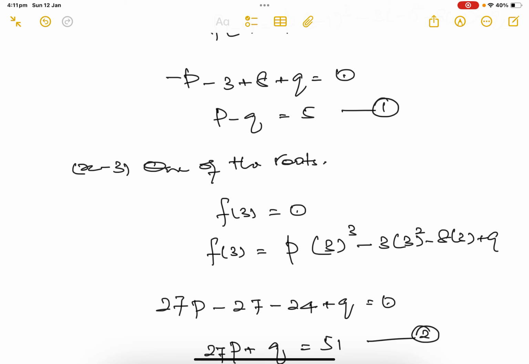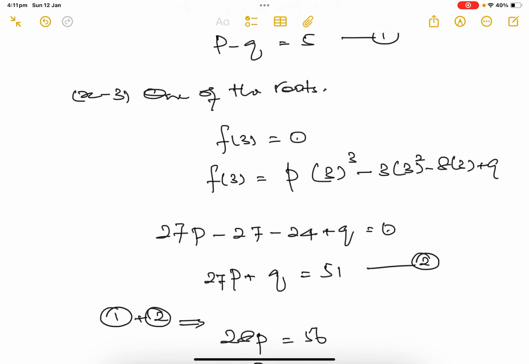Let's use the second root. x minus 3 is another factor of f(x). So again, f(3) equals 0. If we substitute x equals 3, f(3) equals p times 3 to the power of 3 minus 3 times 3 squared minus 8 times 3 plus q.